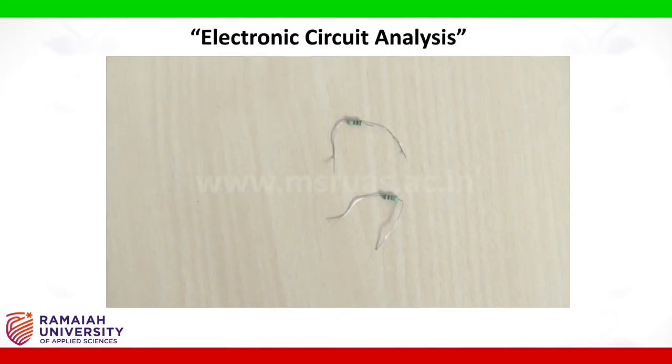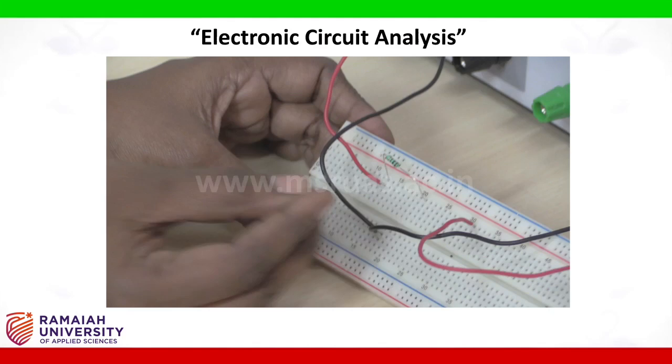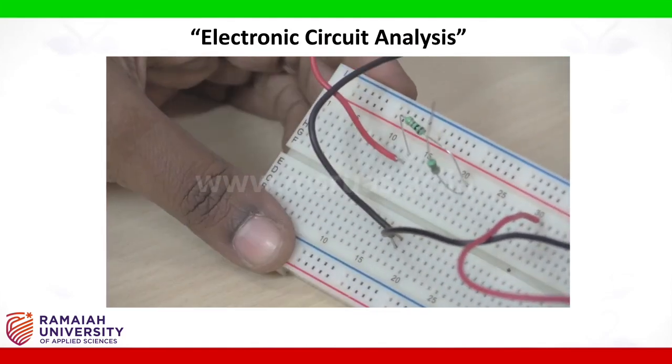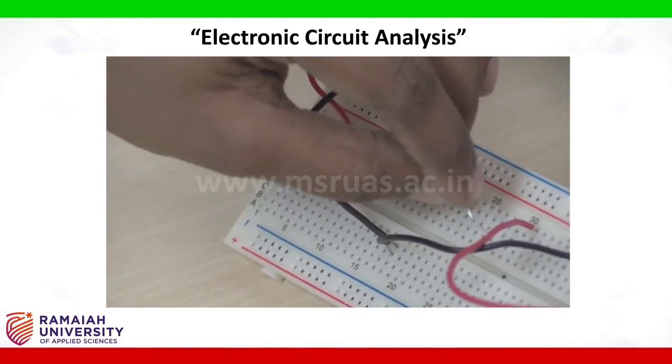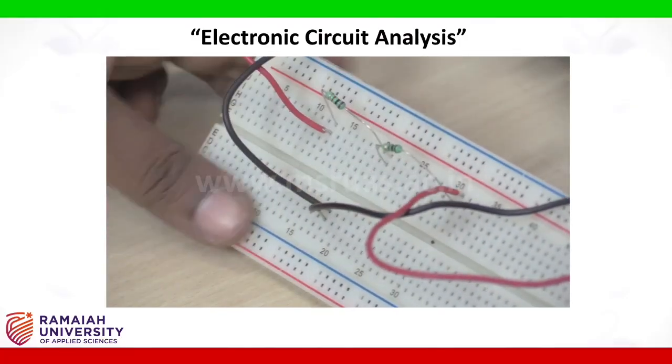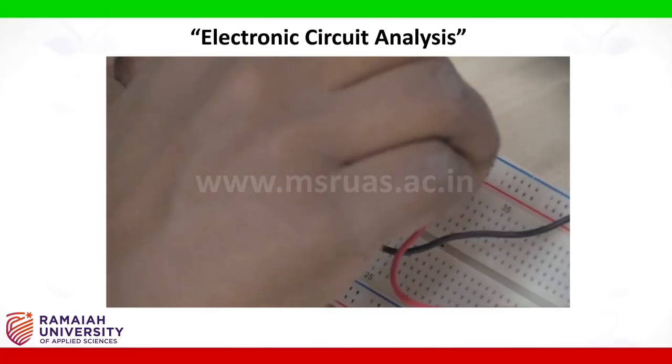Take one more 1 kilo ohm resistor, connect from this 1 kilo ohm resistor to source 2, positive terminal of source 2.